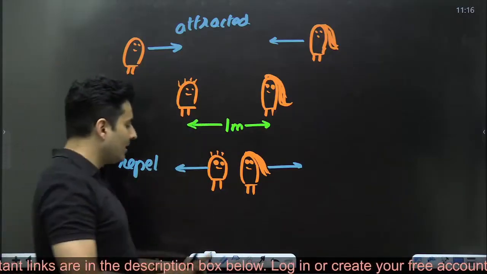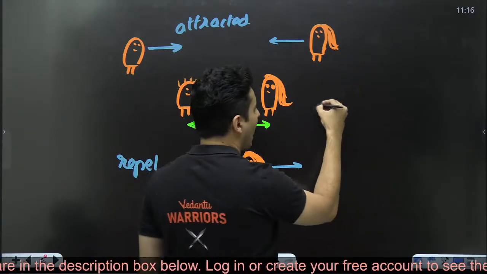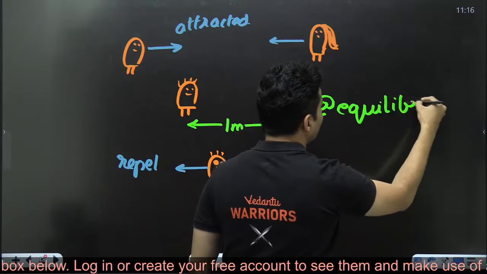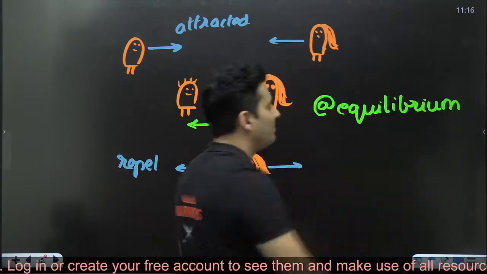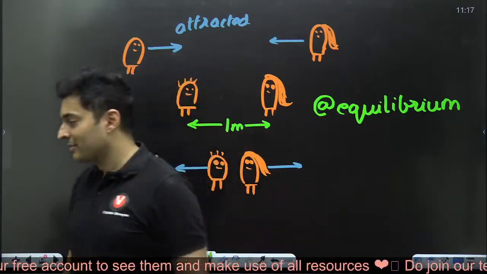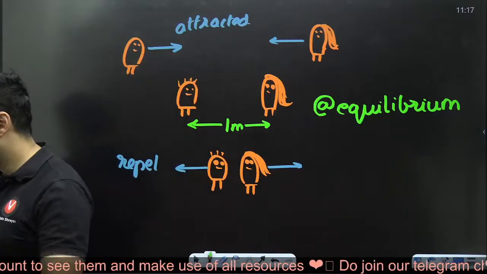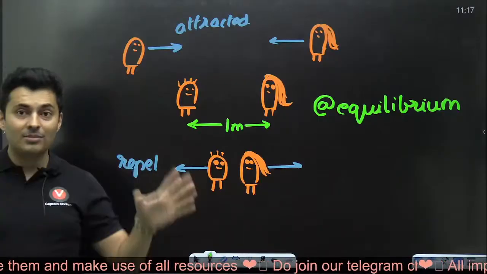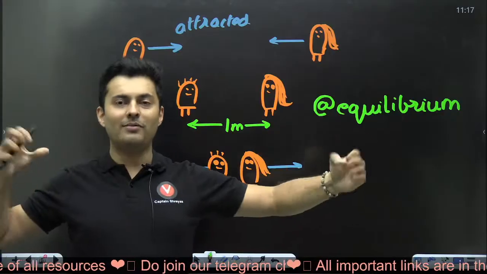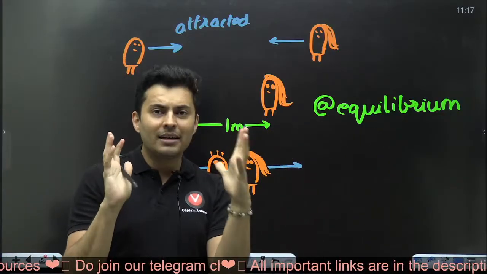There is a certain distance at which they stay at equilibrium. And this is true not just for Pandu Champa, but also for all the atoms and the molecules inside a solid. They can't come so close, they can't go very far away. They want to maintain a certain distance.